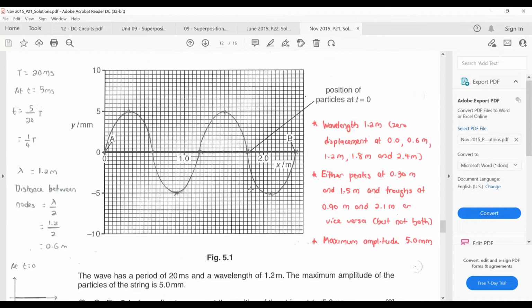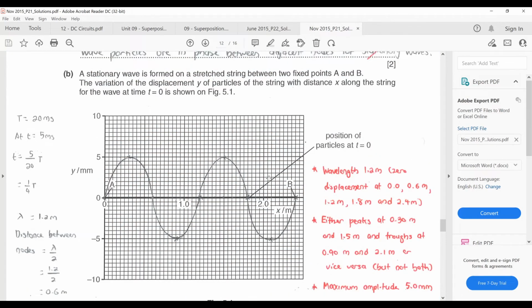If you are looking at your worksheet right now, you're probably only seeing this straight line here. This one here is when t equals 0. This is what you're seeing in your existing worksheet.